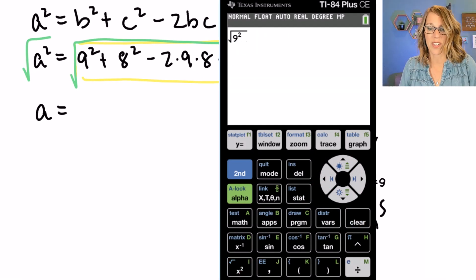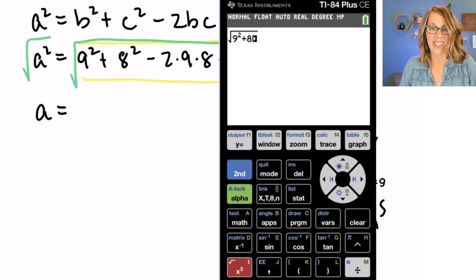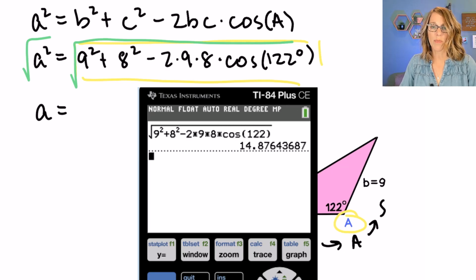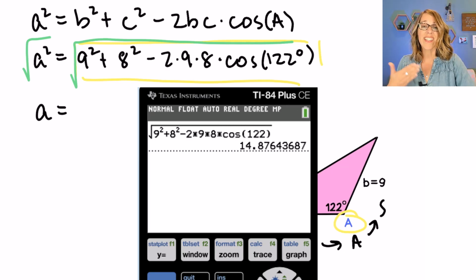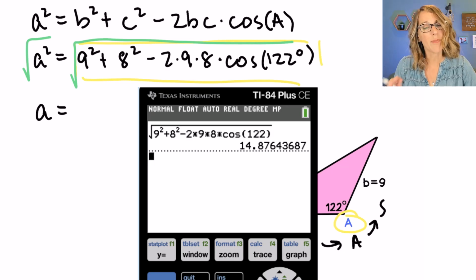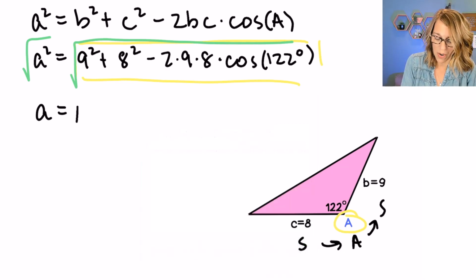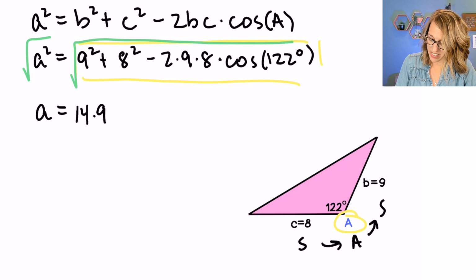Let's use the x squared key again, plus 8 squared minus 2 times 9 times 8 times the cosine of 122 degrees. I'll go ahead and close my parentheses, and I get that side length A, which is 14.87. I'm rounding to 1 decimal, so I'm going to call that 14.9. So A is about 14.9. This is side A, 14.9.